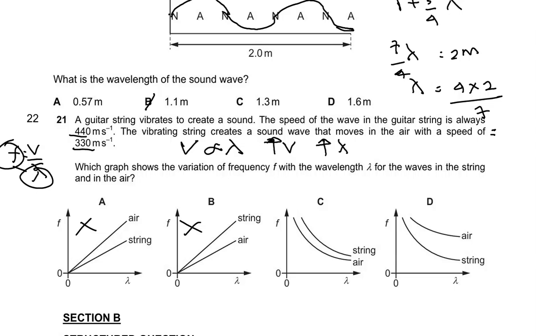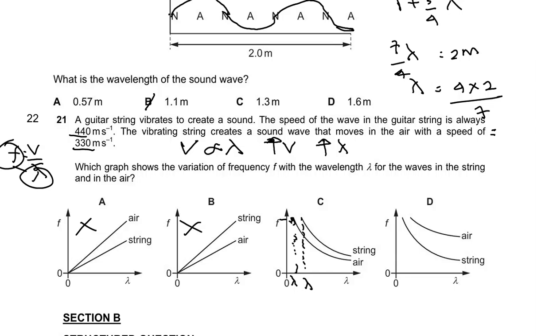So we can take this. We see from the first point, this is the same frequency in string and air, but what makes a difference are the air here, which happens at this lambda, and the string here, which happens at this lambda.